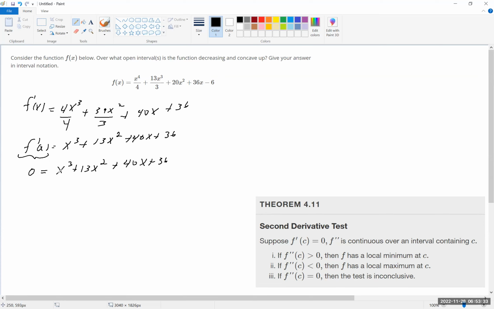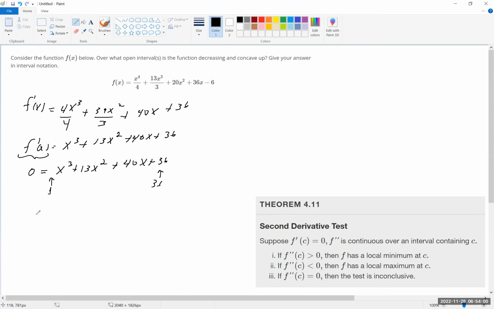Now, what we're going to do is factor this function to try to figure out the critical values. And that's going to require us to use something that you would have learned in a previous course, which is the rational zeros test. Since this is a 1, and obviously this is a 36, we have to look for all the factors of 36.